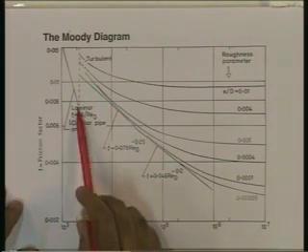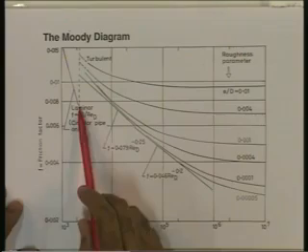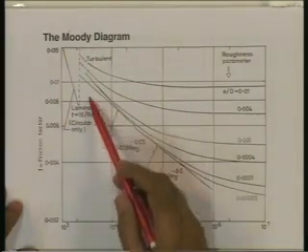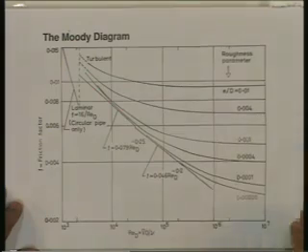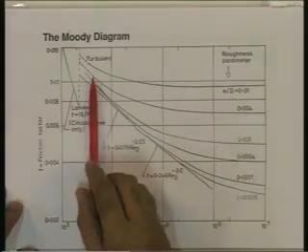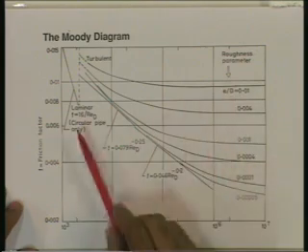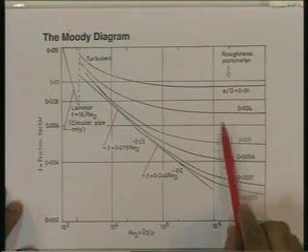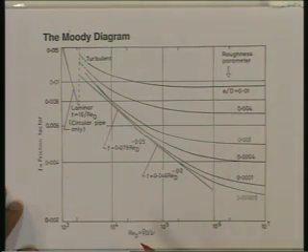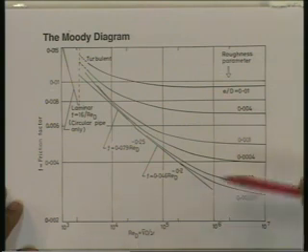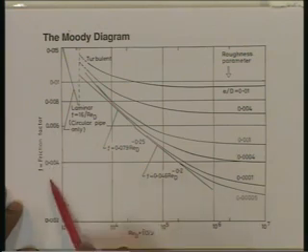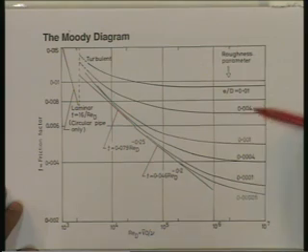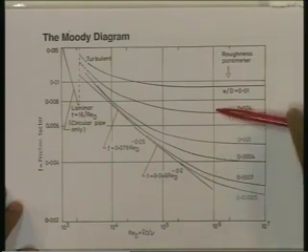Beyond 2000, roughly till about 4000 or 5000 Reynolds number is the zone of transition, and beyond that we have the zone of turbulent flow, where the friction factor will be a function of Reynolds number as well as the roughness parameter. And you will notice that for a given roughness parameter, as Reynolds number increases, the friction factor decreases, whereas for a given Reynolds number, as the roughness parameter increases, the friction factor increases.